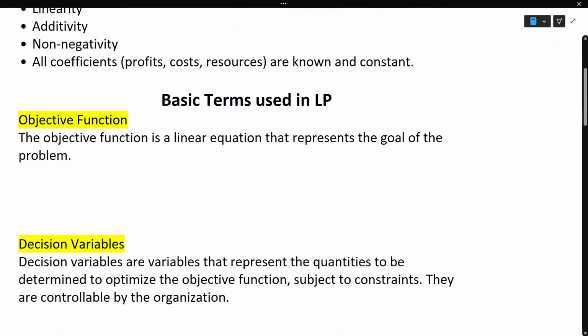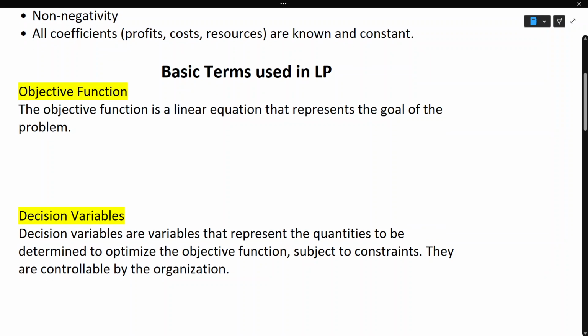Also, it's important for you to know one is the objective function. What is the objective function? The underlying word is goal, the goal of the problem.